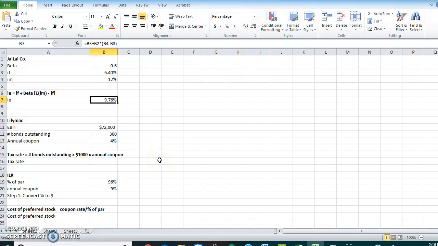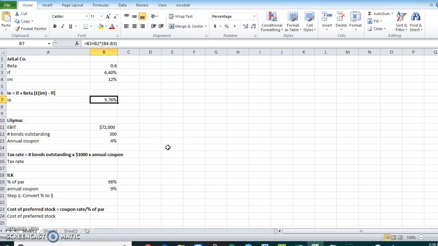The next one is Lily Mac, and it says, suppose that Lily Mac Photography expects EBIT, which again is earnings before interest and taxes, to be approximately $72,000 per year for the foreseeable future, and that it has 300 10-year 4% annual coupon bonds outstanding. And as you can see, I've already put this information in here.